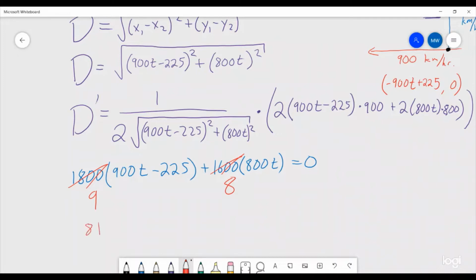So that becomes 8100t minus 225 times 9. So 9 times 5, 45. Let's see, 18 plus 4, 22. 18 plus 2, 20. So that's 2025.